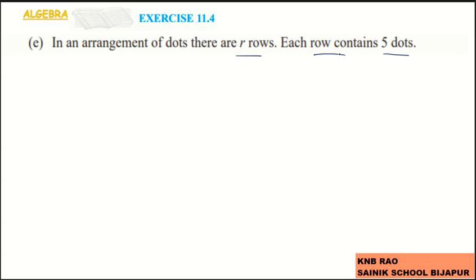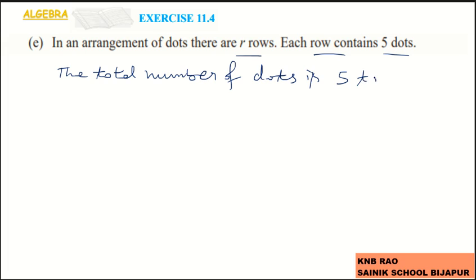That means we can say the total number of dots is 5 times the number of rows.